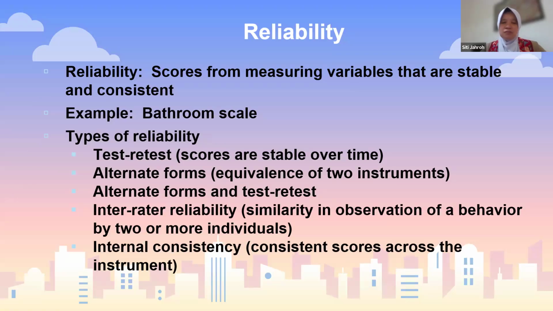Then alternate forms, the equivalency of two instruments, and alternate forms and retest. Inter-rater reliability, similarity in observation of behavior by two or more individuals. And then internal consistency, consistent scores across the instrument.